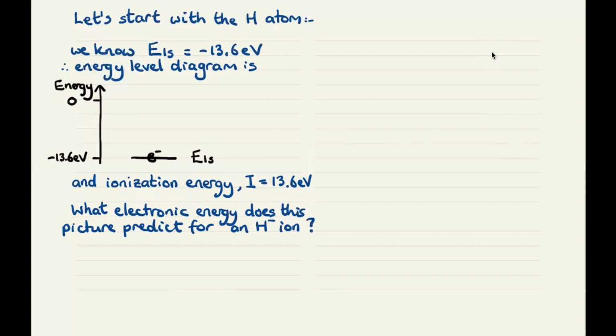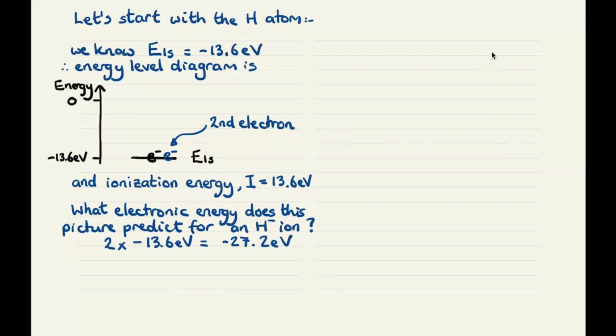Well, in our simple band picture, where we don't consider any electron-electron interaction, if we make an H- ion, the second electron is going to go also into the 1s energy level, and also have an energy of minus 13.6 electron volts. And so the predicted energy will just be 2 times minus 13.6 electron volts, which is minus 27.2 electron volts.